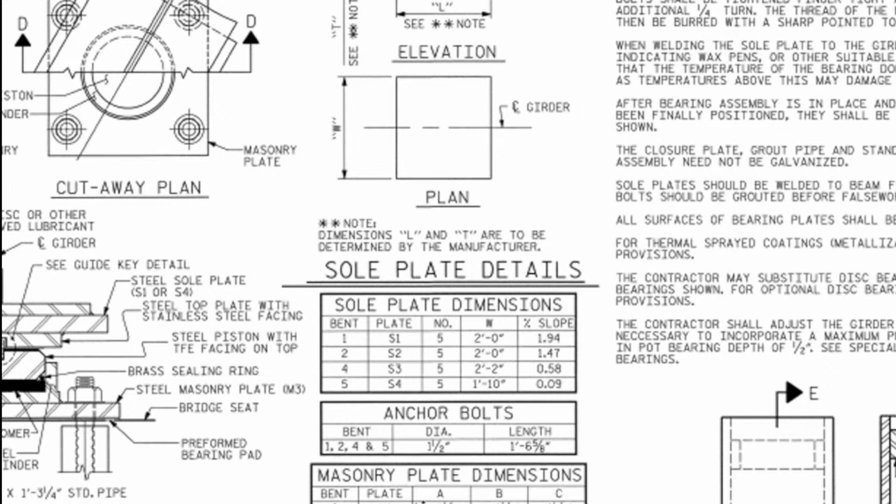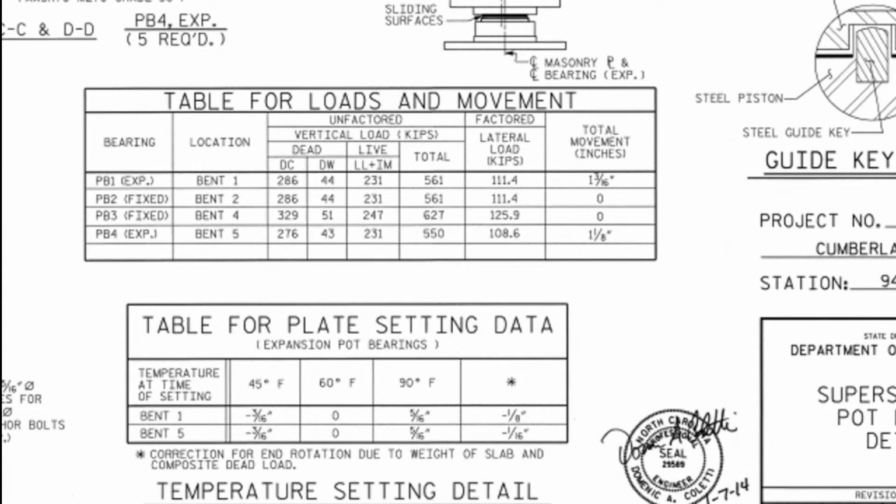Look, M1 and M2, there are differences between the dimensions ABC. Here, A is 2 feet 1/2 inch. This one, M2, is 2 feet 2 and 1/2 inches. And so on for B and C. They are also different.